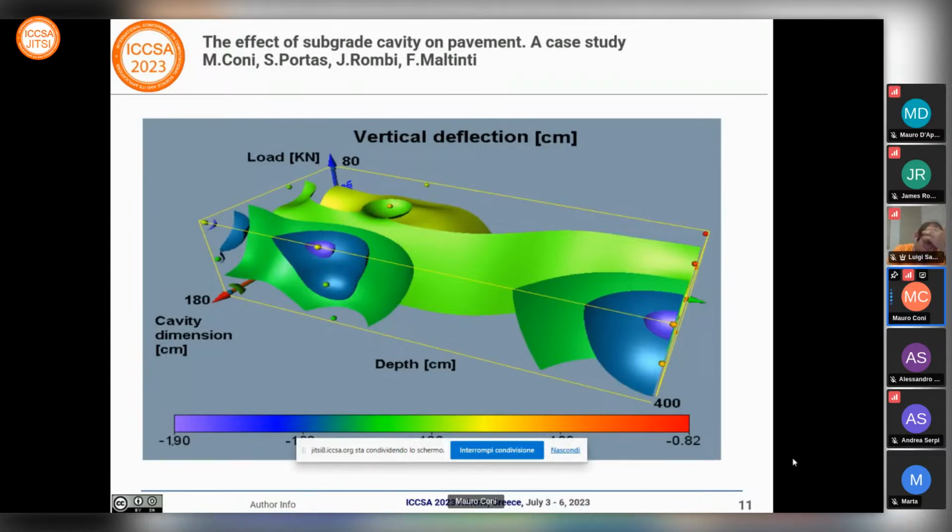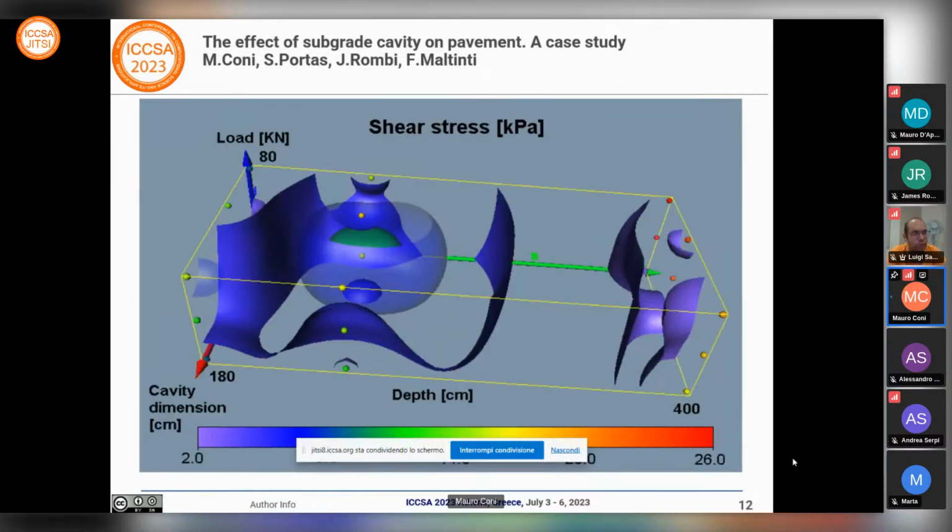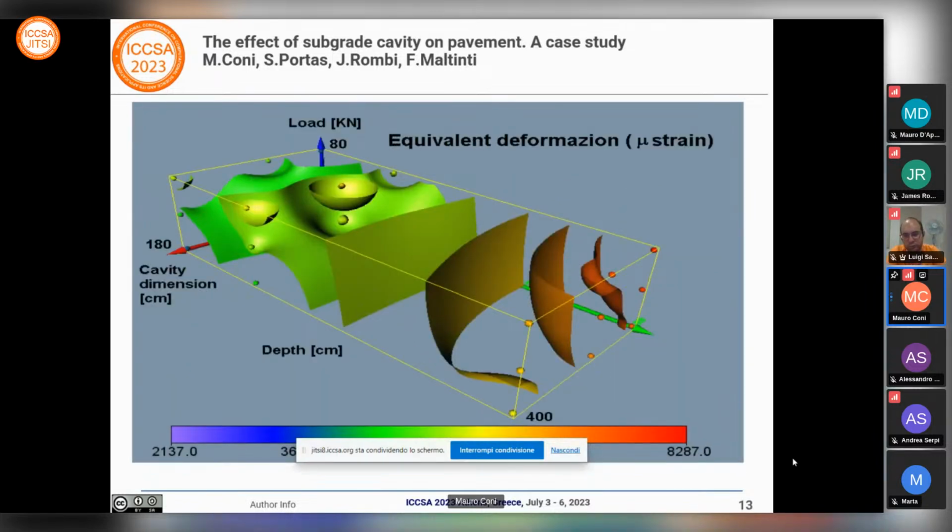In order to catch more of the complexity, we plot the results in a two-dimensional axis with the cavity dimension, depth, and load. And you can see the complexity of the results with vertical deformation, shear stress, and equivalent deformation.